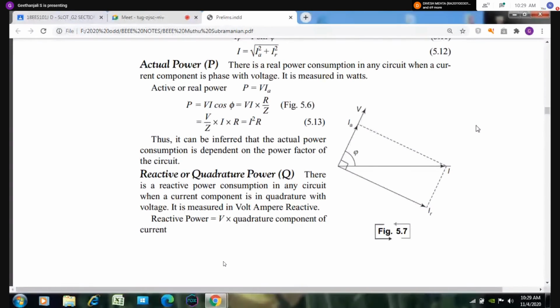There is real power consumption in any circuit when the current component is in phase.